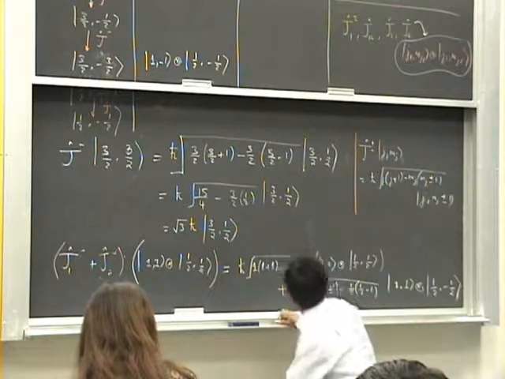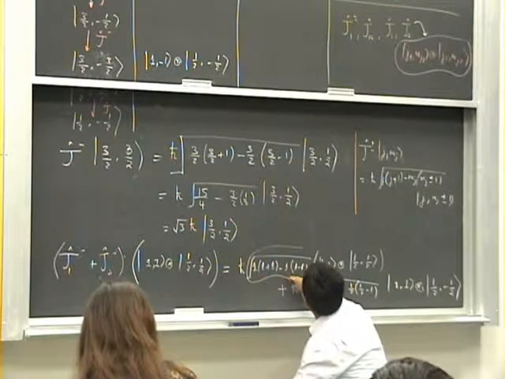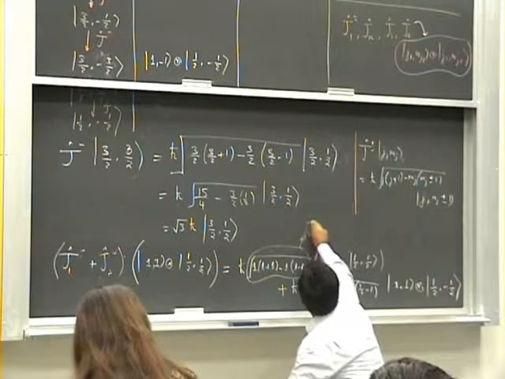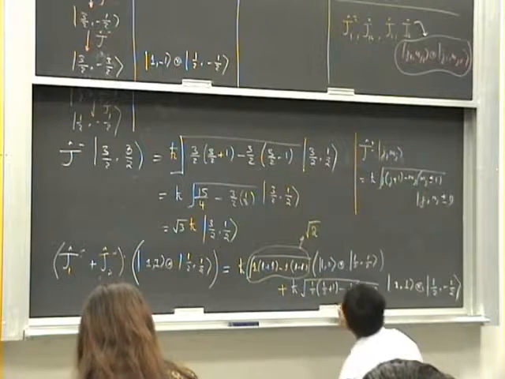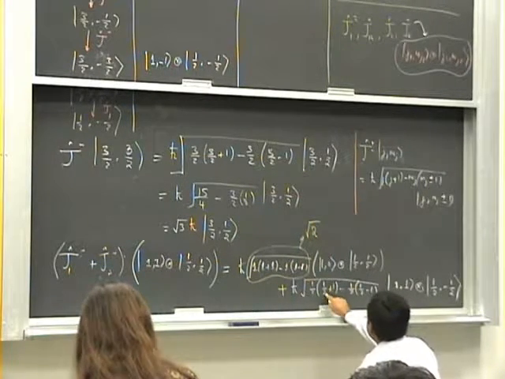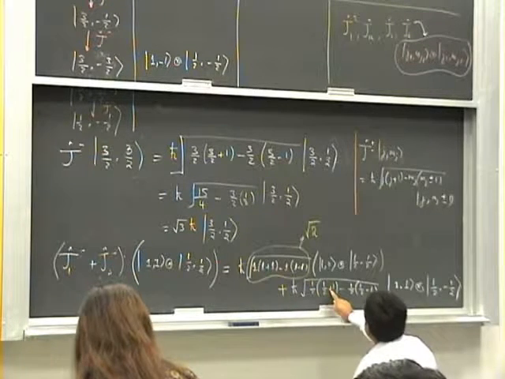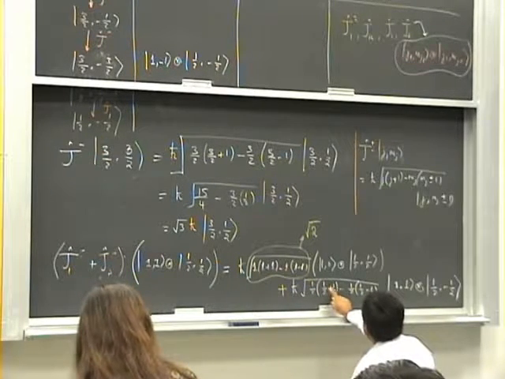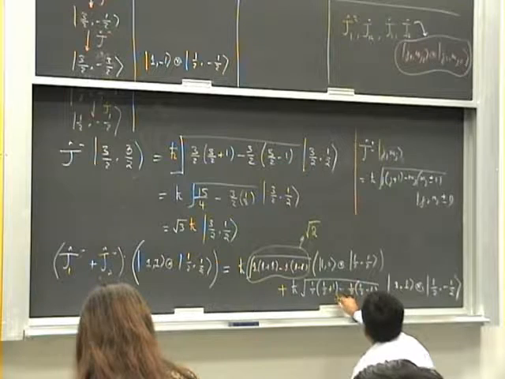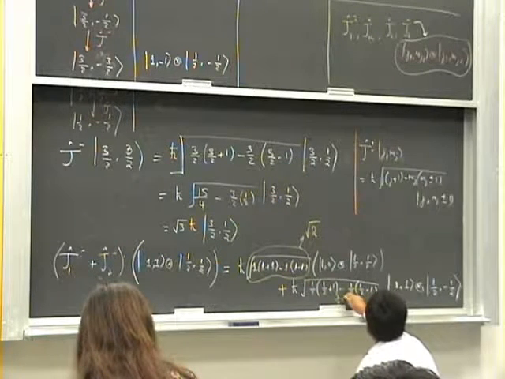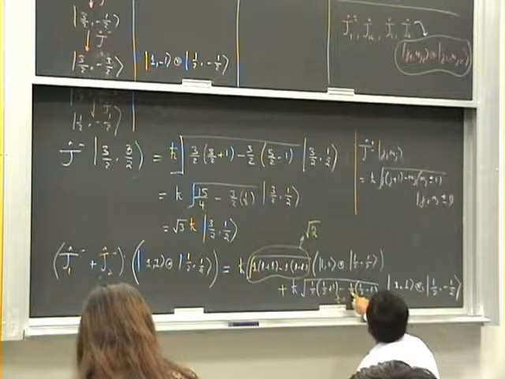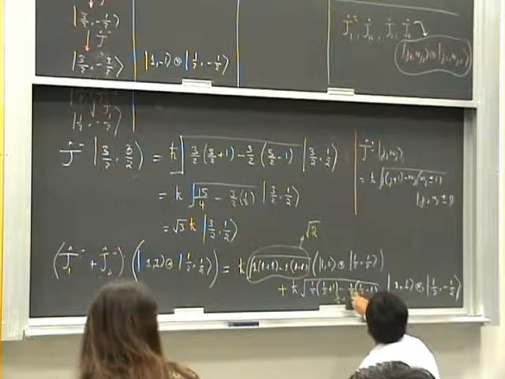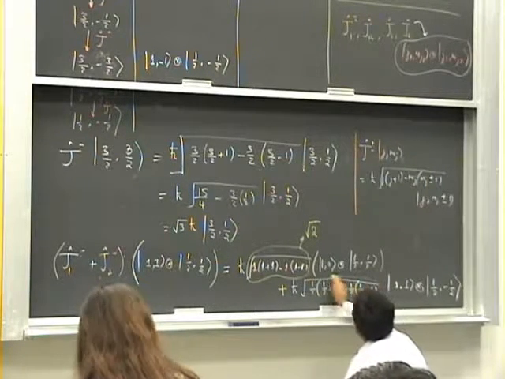Now if I look at this, it is simply under root 2, and this is 3/2, 3/4, minus 1/4, and this is simply 1.